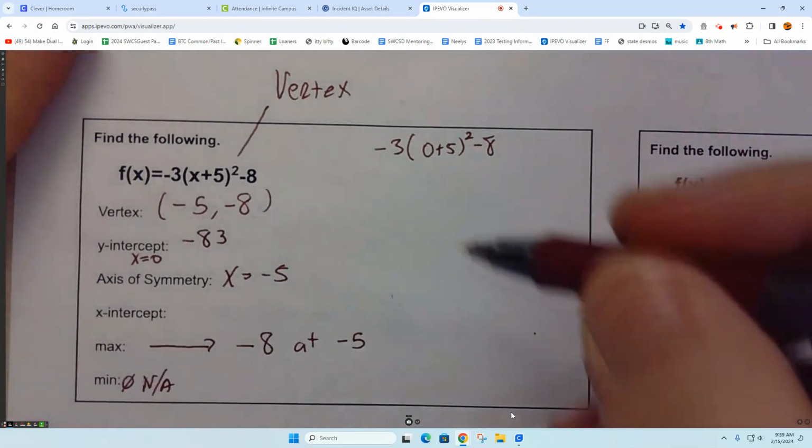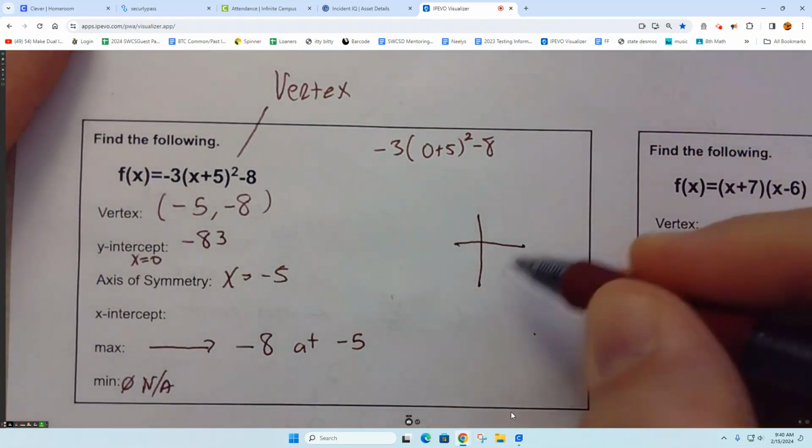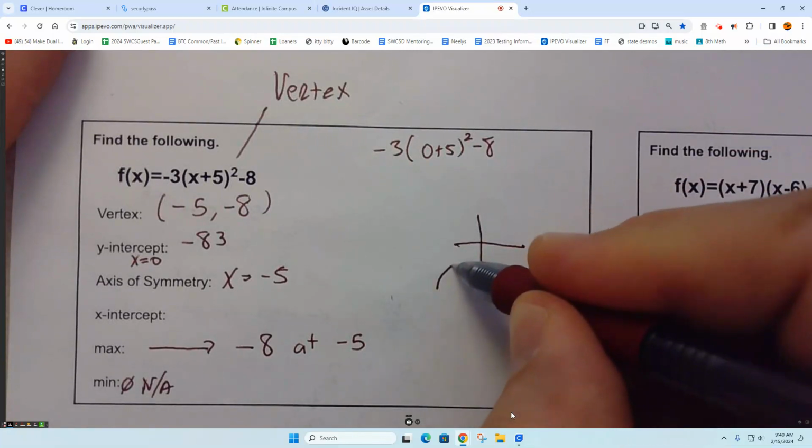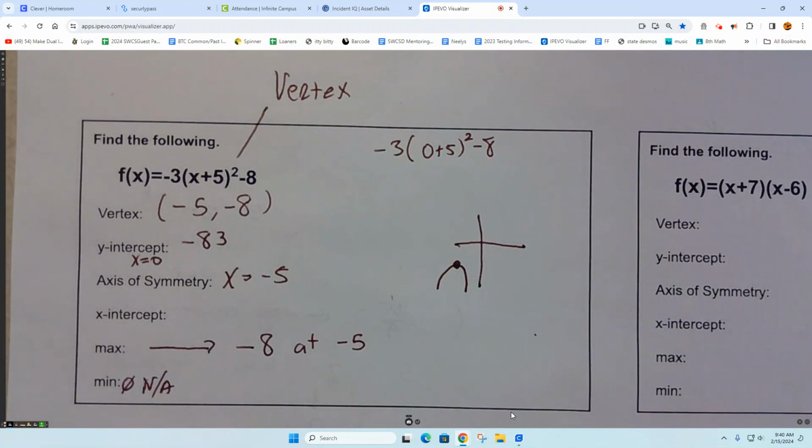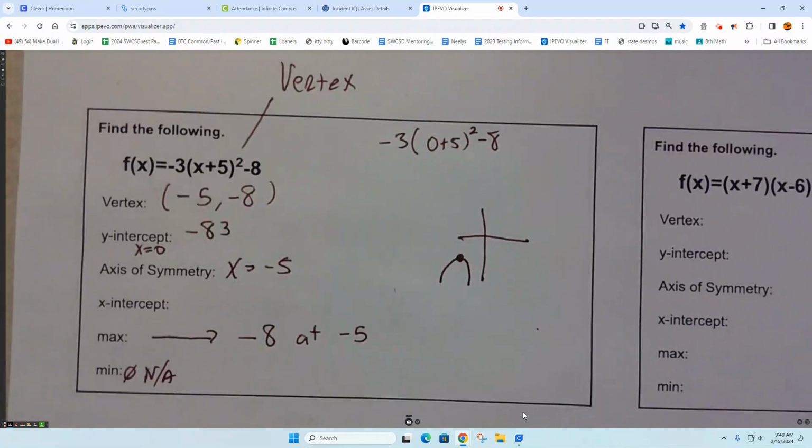If I were to graph this thing, our graph is like this. Our highest point is a negative. If I'm saying what's the hottest it's ever been in Antarctica, it might be a negative answer. Okay. Going on to the next one.